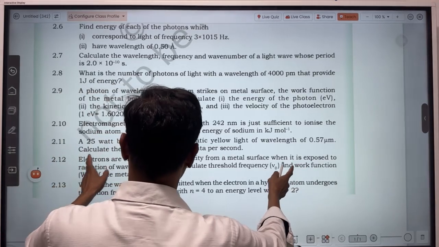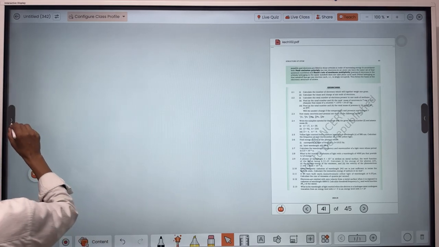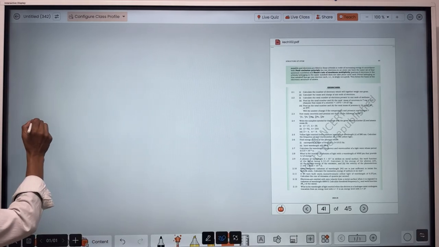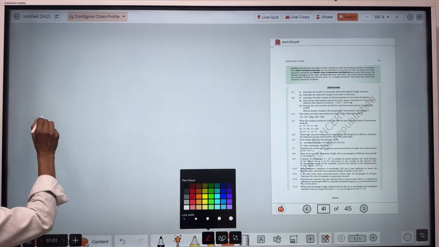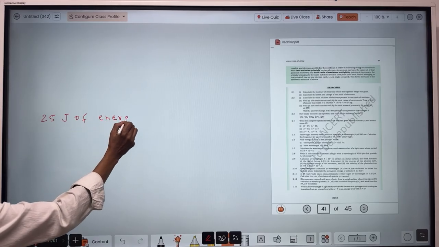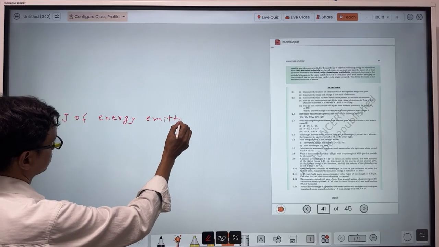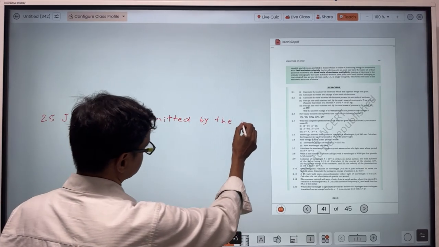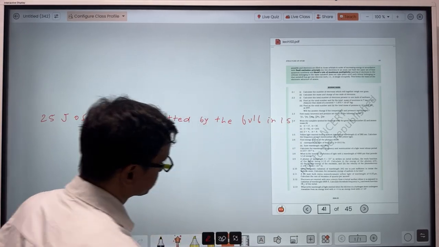Firstly, I make it short. 25 joule, this one.